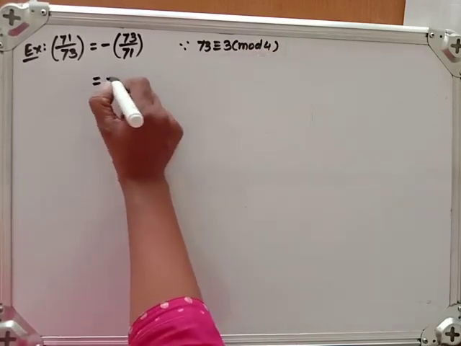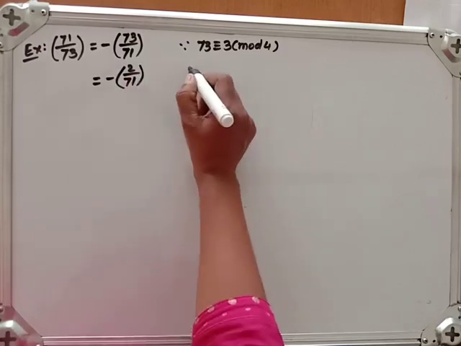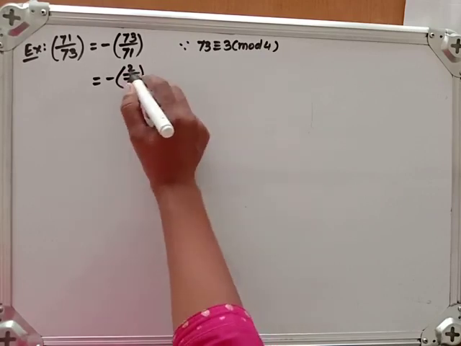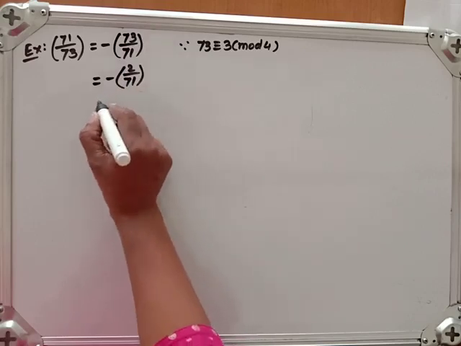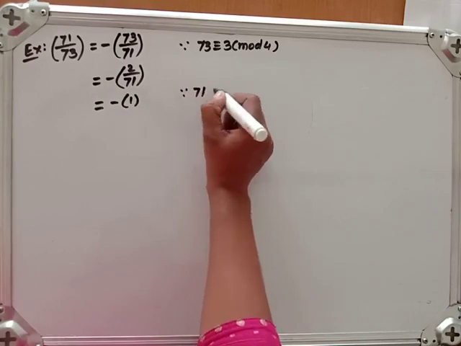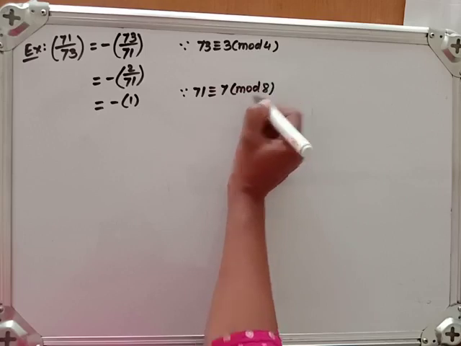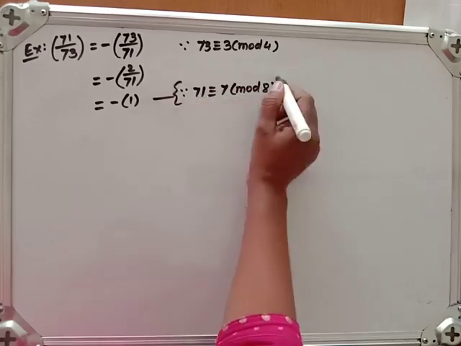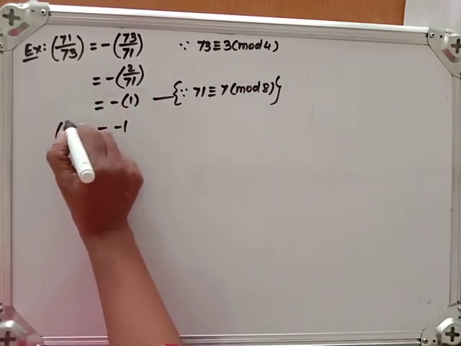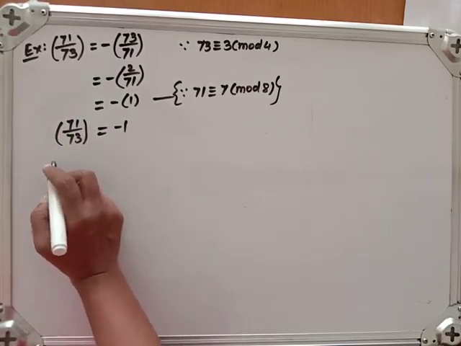So this is equivalent to minus the Legendre symbol of 2 by 71, after taking the remainder after dividing by 71. Here it will be minus of 1, because 71 is congruent to 7 modulo 8, so the Legendre symbol of 2 by 71 will be 1. So it is minus 1. So the Legendre symbol of 71 by 73 is minus 1. Now let me take the next example.